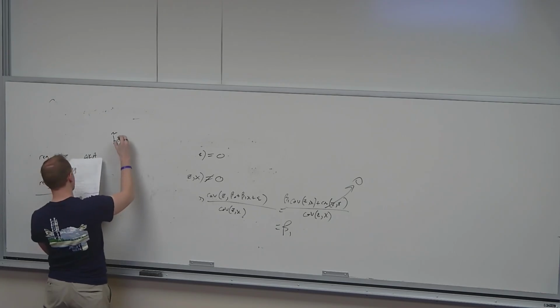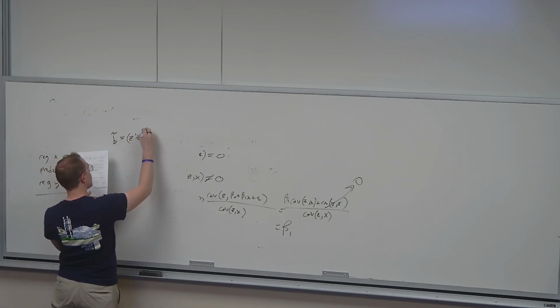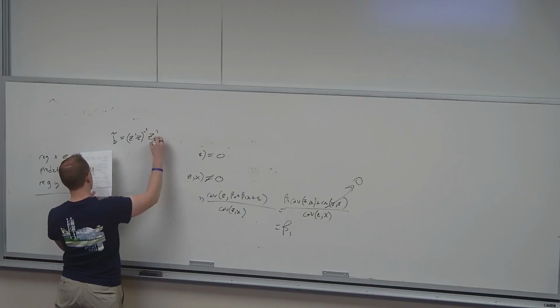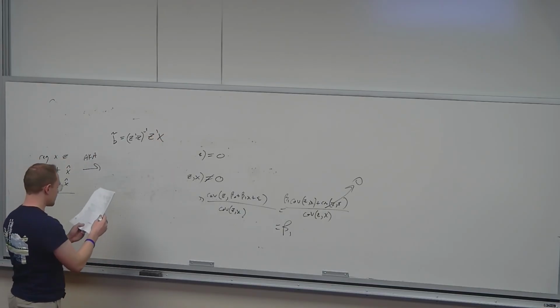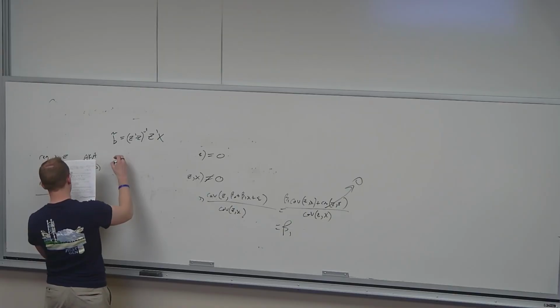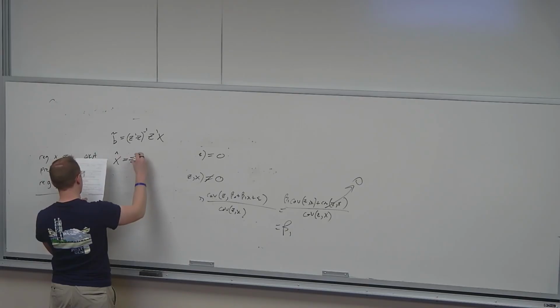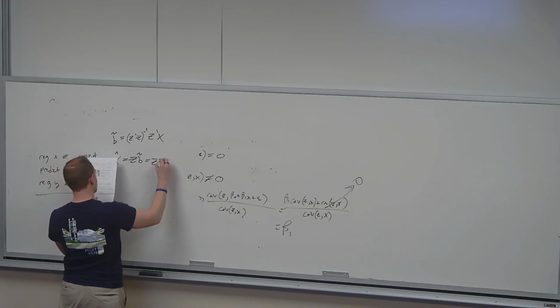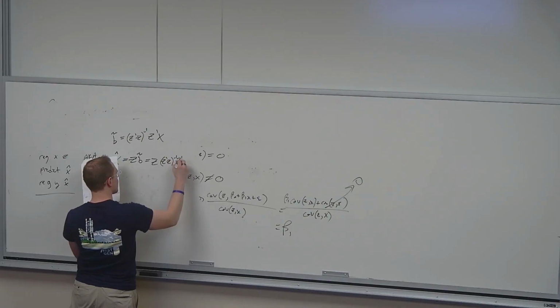You're going to regress your x on your z, so you're going to use your x hat: x hat equals Z, Z transpose Z inverse Z transpose x.